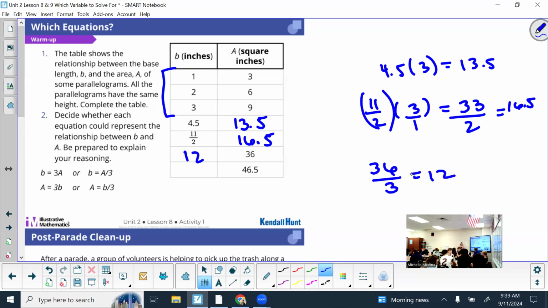So class, does that sound like a good strategy? If we had to multiply this column by 3 to get this one, then when we're working in the reverse, what's the opposite of multiplying by 3? So that is a good strategy. And then you can check, does it work the other way too? Yeah, it does.